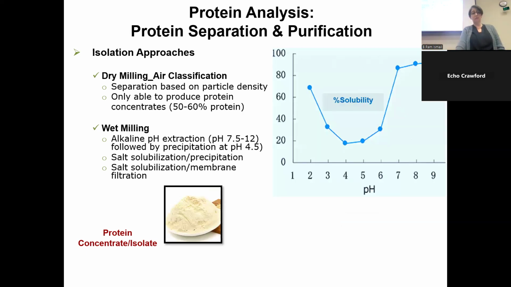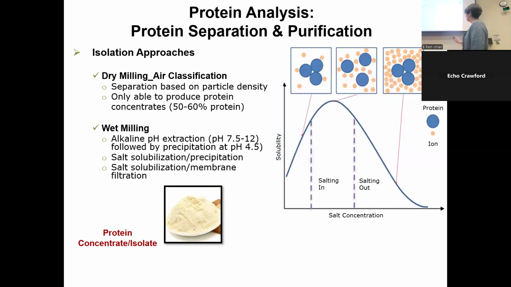Oh, I didn't tap forward to show you the solubility of plant proteins usually follow a bell shape. So if we have alkaline above 7, we solubilize most of the protein. And then we use the isoelectric point to precipitate them and separate them from other soluble. And this is the salting in, salting out that I was talking about, visualizing it.